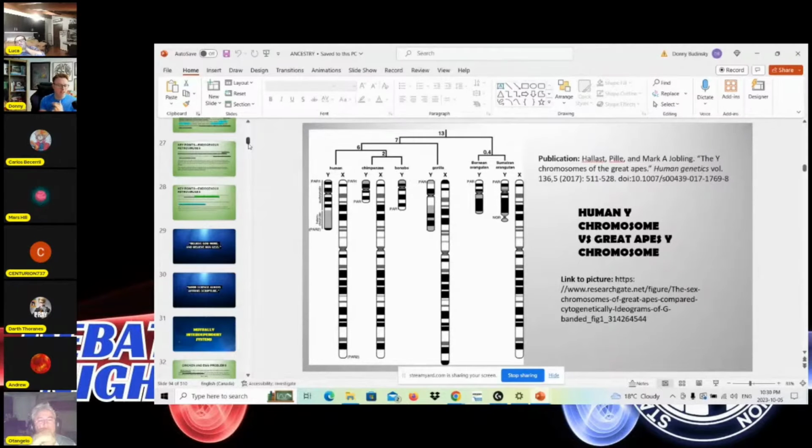It's a little messy, especially when you're looking at autosomal DNA. We have scrambling every generation. My point is the Y chromosome is less messy, it's more stable, and so it should be more similar between humans and chimpanzees when we compare. This is a direct prediction of the separate ancestry model.